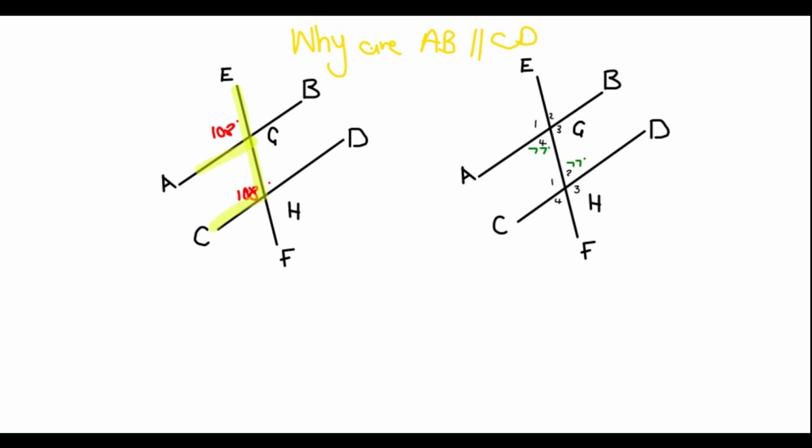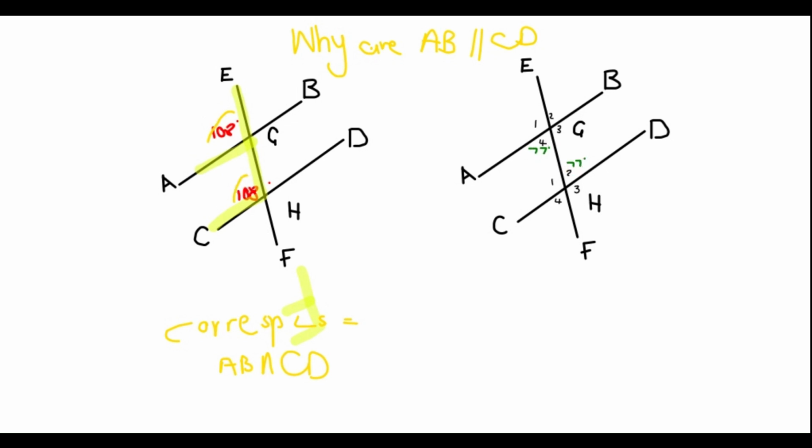It's an upside down F. So what does that tell you? Since these angles are equal, we can say that because of the corresponding angles, the lines are then parallel. So you need to look for parallel F, U or N angles.